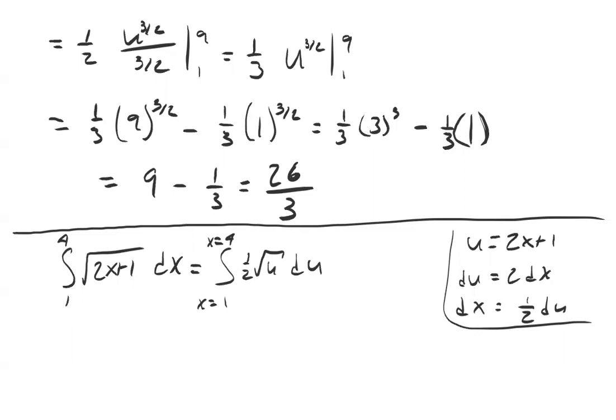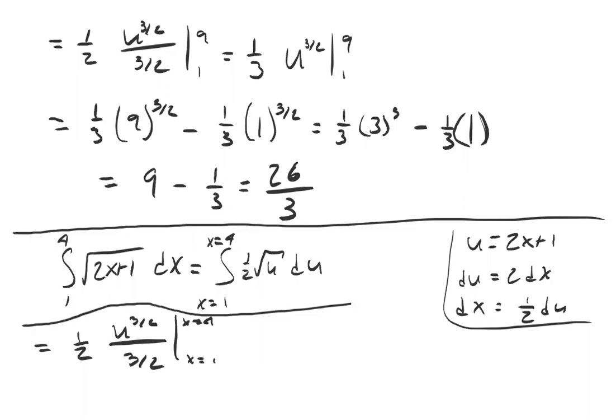So what this ends up being, again, is 1/2 u to the 3/2 divided by 3/2 evaluated at x equals 1 and x equals 4. But now I need to be careful. I can't plug in these x values for u.